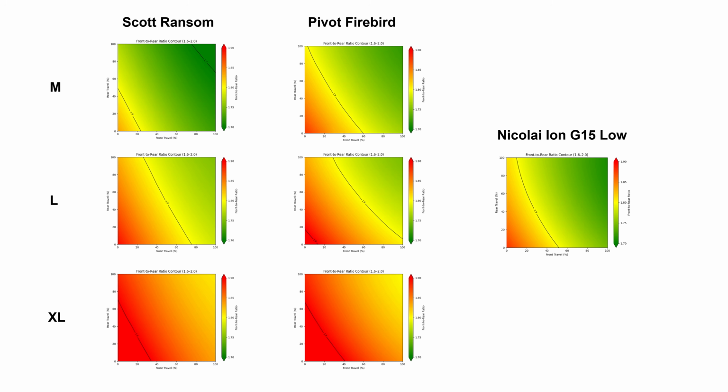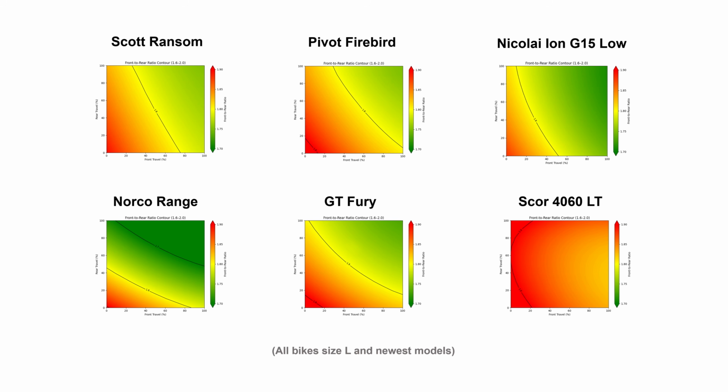And we have to keep in mind that with a 490 to 500 mm frame reach, most brands would categorize the Nikolai between a large and an extra large, which further highlights the differences. Anyway, I'm not going to go into too much detail about this topic yet, as cornering dynamics deserve their own dedicated video. Therefore, the interpretation of these graphs is left as an exercise to the viewer.